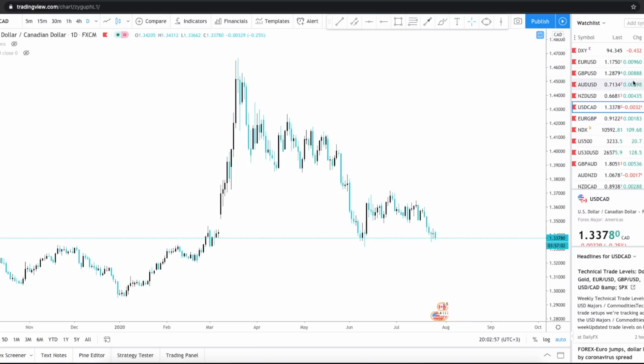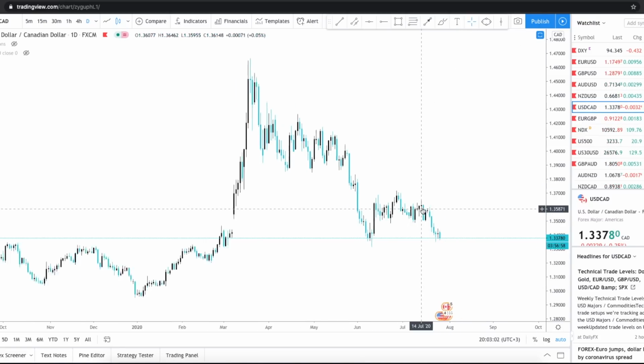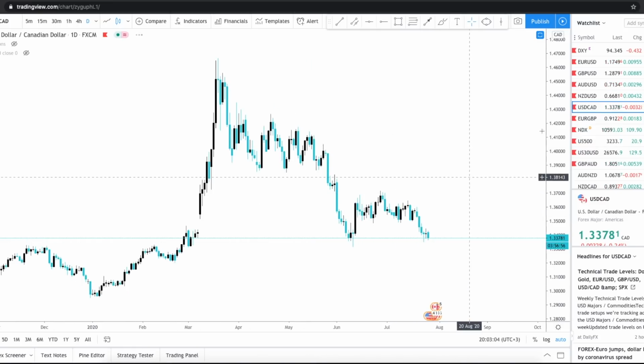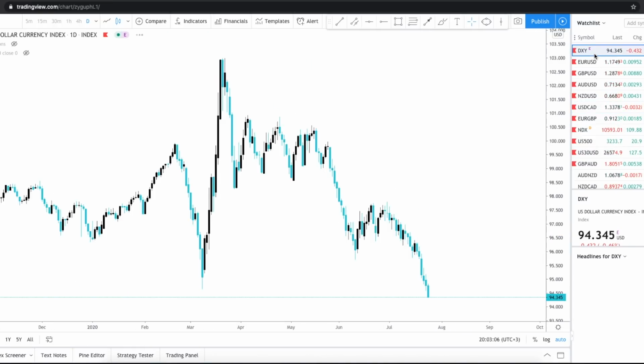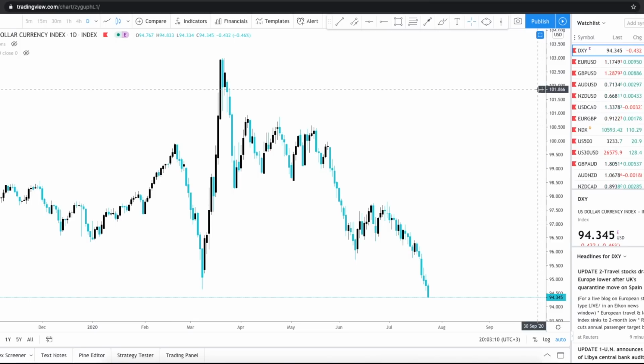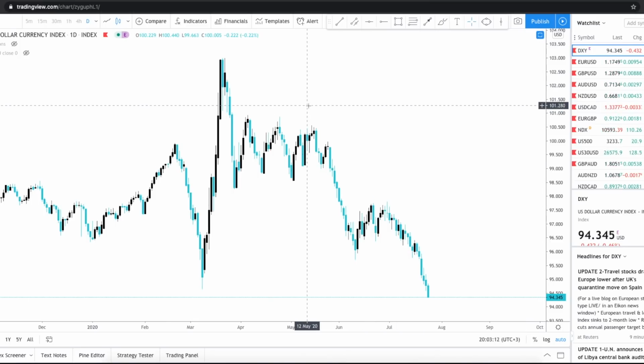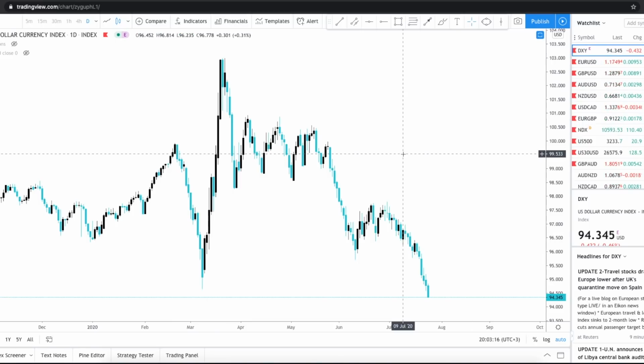So the stronger currency is going to drive the weaker one lower, right? So this is how you can use the dollar index as a cheat sheet, and it will help you a lot, especially if you're trading the US dollar crossed pairs.